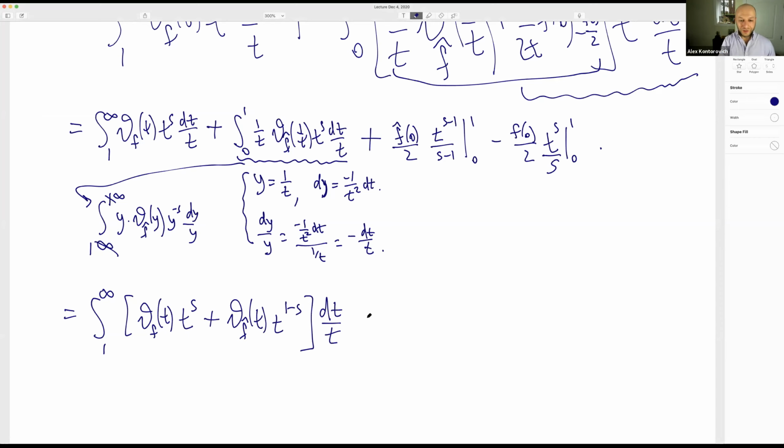And then what's left over is, at 1, I just get 1 over s. So let me write this actually in a funny way. I'll write it as a minus, to illustrate a point, f hat of 0 over 2 times 1 minus s instead of s minus 1. That's what I'm doing with that minus sign. Minus f of 0 over 2, and this integrates just to s.